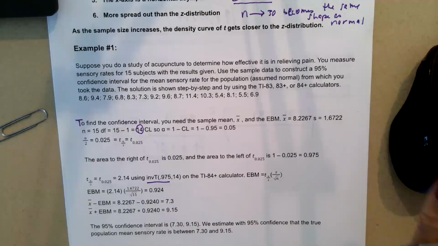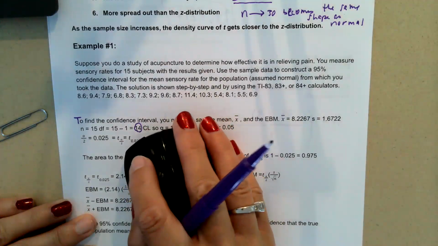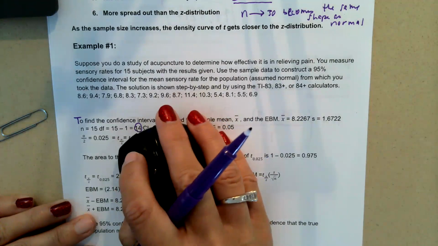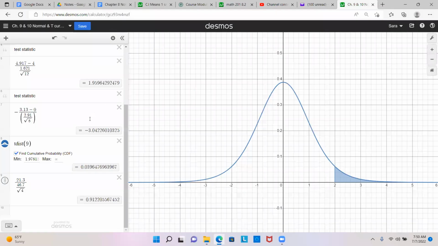We can also use Desmos. Let me show you. There's a Desmos link for the T-curve in Canvas for you. It's very easy to type. It's just t-dist, and then you put your degrees of freedom.